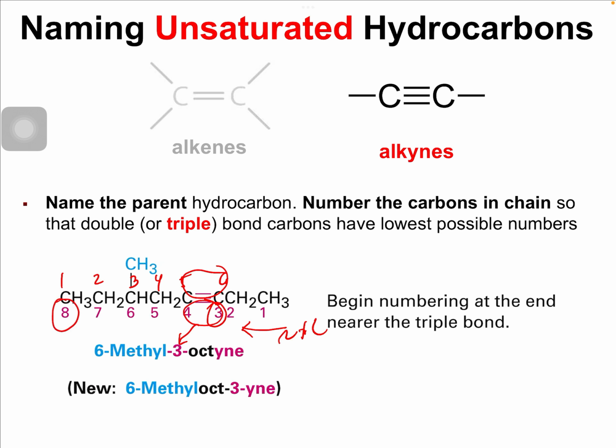Anong gagamitin natin? You just use the lower number dun sa location niya. So that's 3. Okay? What's the name of the hydrocarbon with 8 carbons? So we call that your octane. And since this one is an alkyne, so we will deduct how many... okay.